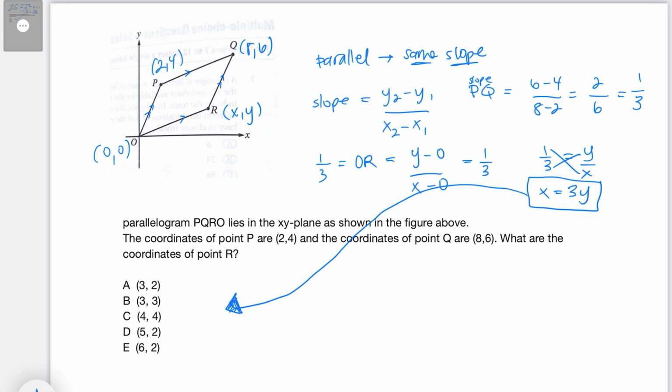So you can see immediately A, B, C, those I can cross out right away. Now D and E, both of them have 2 for Y. If you plug 2 in for Y, you get 6, right? Because X equals 3 times 2 is 6. And so that means E is our answer, 6, 2.